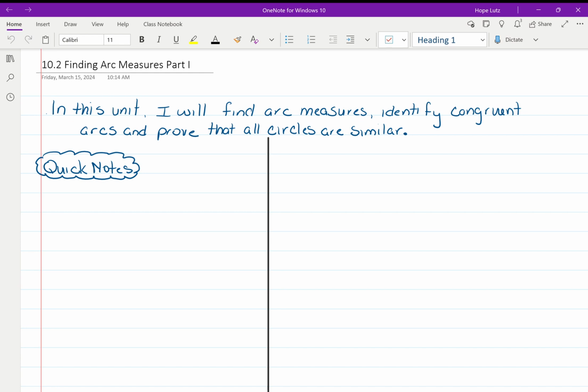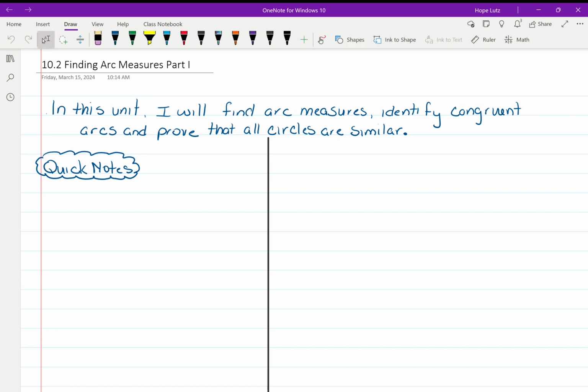There's about 10 different vocabulary words that you're going to need to work on. So the first one, and I'm just going to draw a circle first, just so we have it there so we can label these as we go. So I'm going to draw a circle up here.